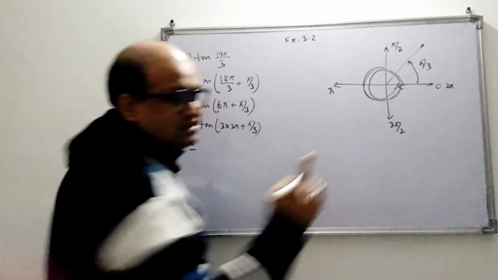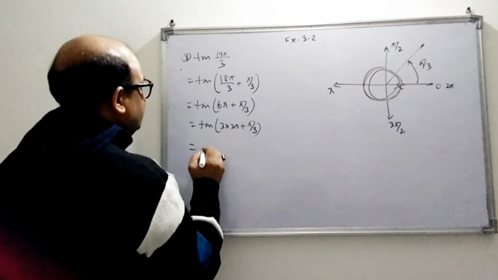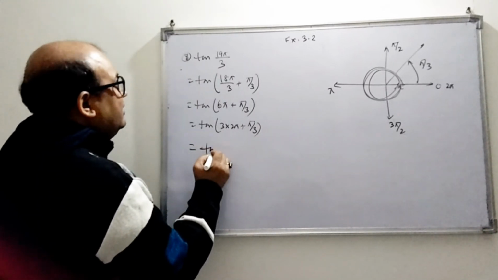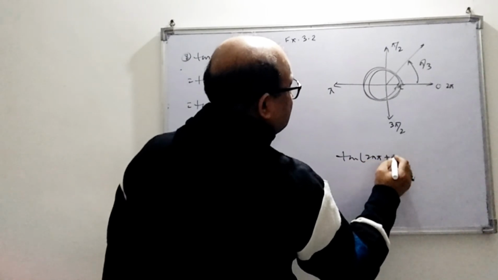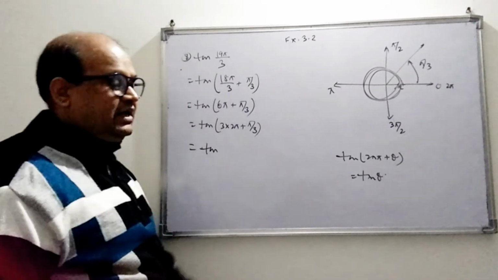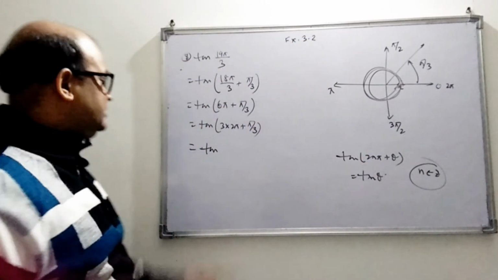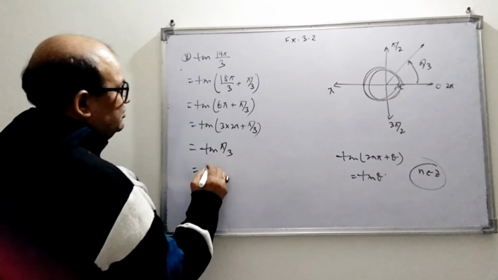In the first quadrant tan is positive. So first you write the sign, positive, and tan: we know tan of 2n pi plus theta equals tan theta, where n is an integer. So I can write tan pi by 3, and tan pi by 3 is root 3.